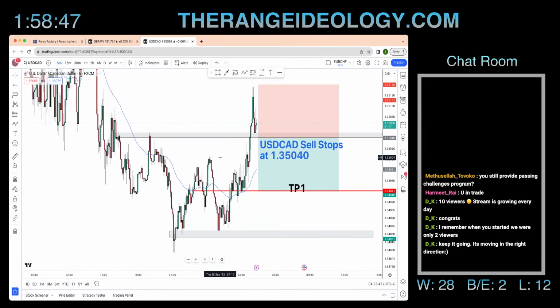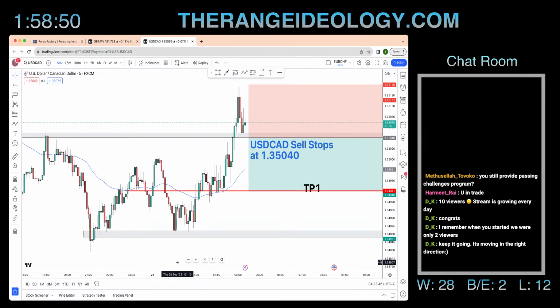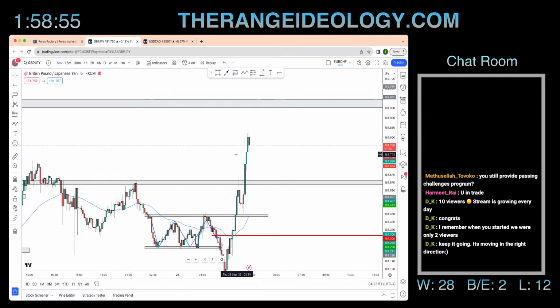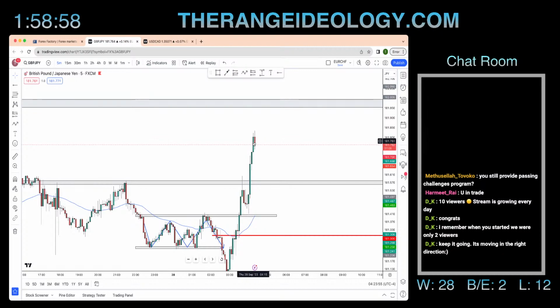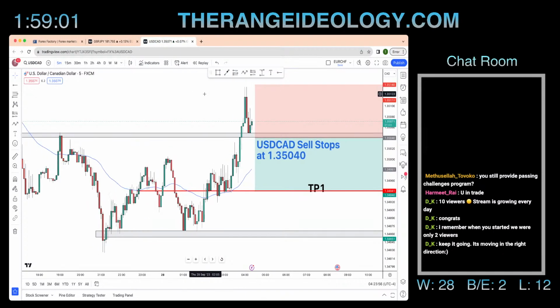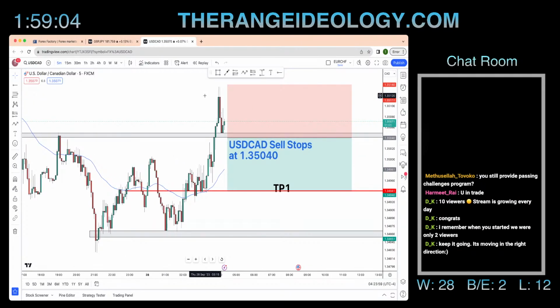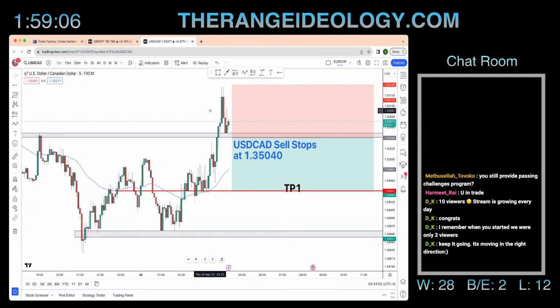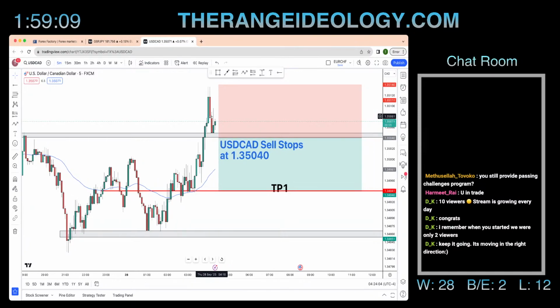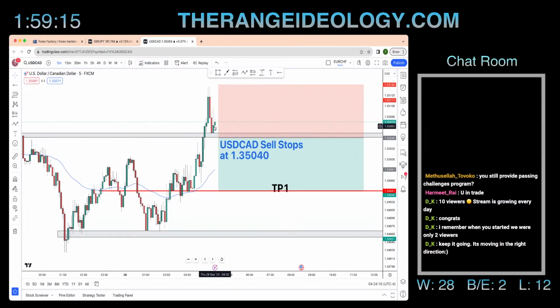Okay, let's see. See, both pairs picked up a lot of volume and now they're kind of just consolidating slightly before making their moves in their respective directions. Of course, we're anticipating the push down from USD CAD. However, it's just consolidating right now. See, so we're about how many pips away? We were almost 1.2, and now it's 2.8 pips.